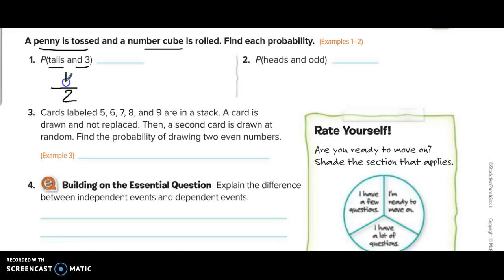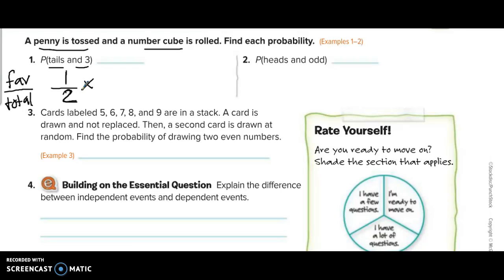However, only one of those options is tails, which is what we want. So favorable over total. Our favorable, there's only 1 tails, out of 2 total options on our penny. Times the probability of rolling a 3.